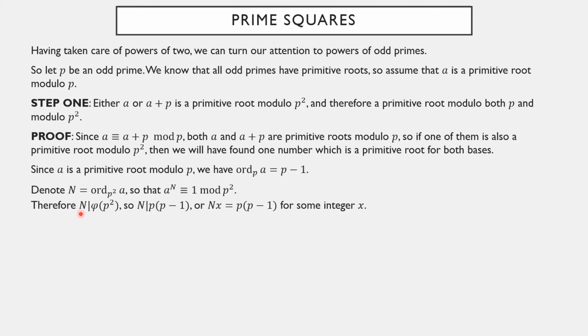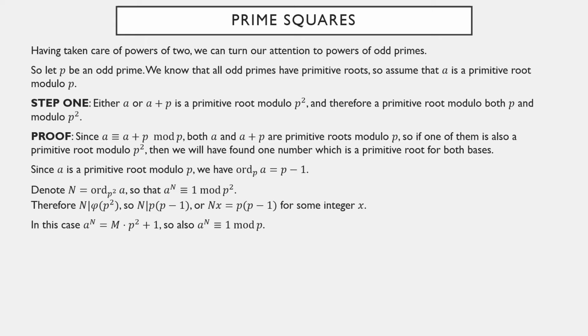Well, the order of any element must be a factor of the Euler totient function. Phi of p squared is p times p minus 1. So if n is a factor of p times p minus 1, I'm going to write p times p minus 1 as n times an integer x. In this case, a to the n, since it's equivalent to 1 modulo p squared, is a multiple of p squared plus 1. However, if it's a multiple of p squared plus 1, while I can factor a p squared out of this, I can also factor a p.